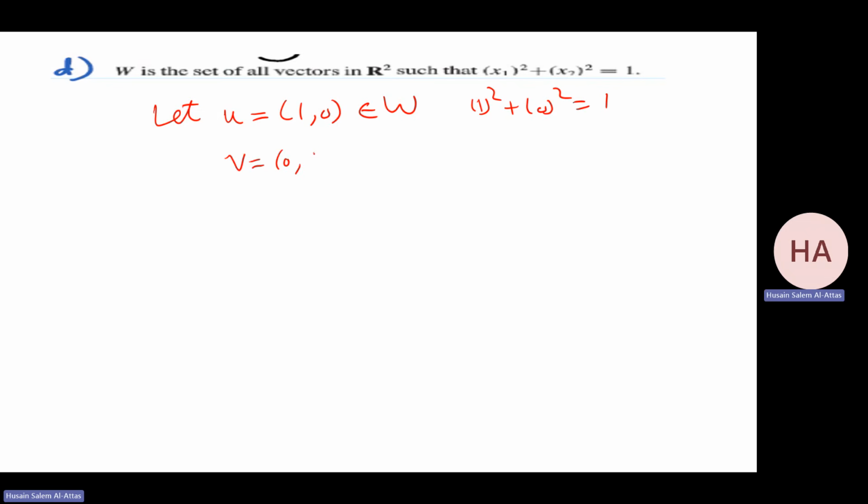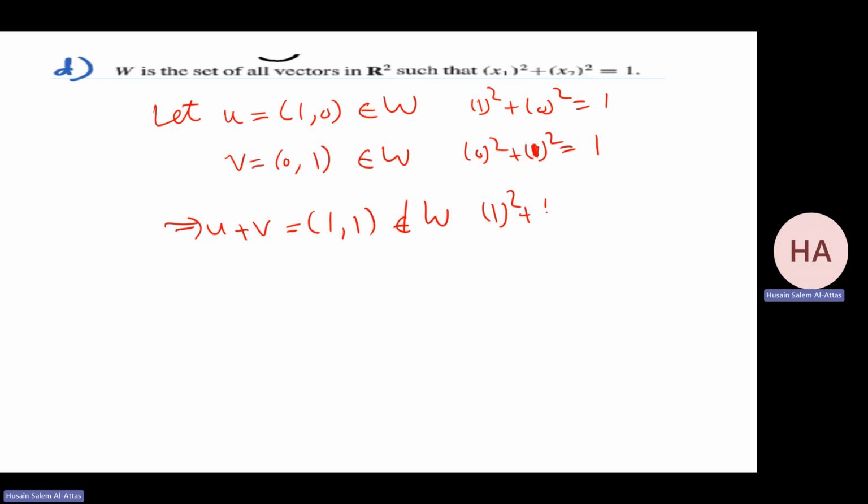Let v = (0, 1). This belongs to the set, since 0 squared plus 1 squared is equal to 1. What will u plus v be? u plus v will be (1, 1), and this does not belong to the set, since 1 squared plus 1 squared cannot equal 1. So W is not a subspace.